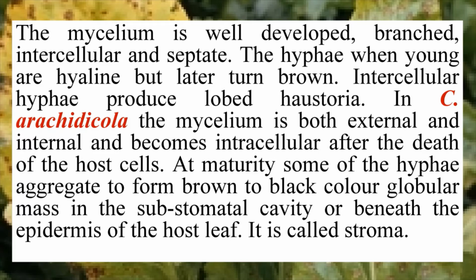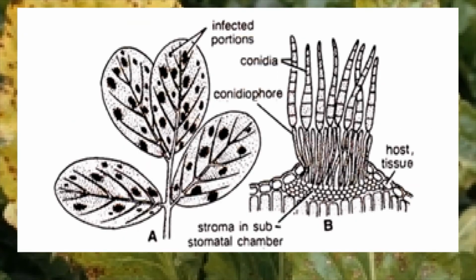And there is a brown or black substomatal structure called stroma produced on the leaf just below the epidermis. This stroma is formed by the mycelium, and from the stroma the sporangiophores arise and the sporangiophores produce the sporangia.